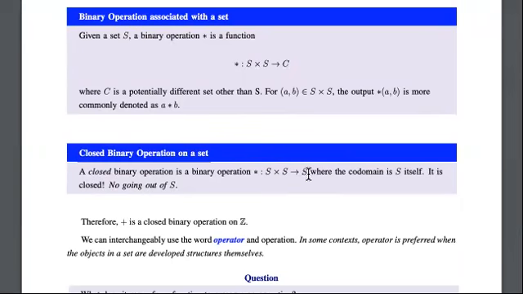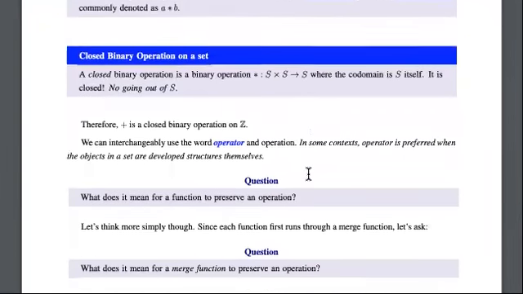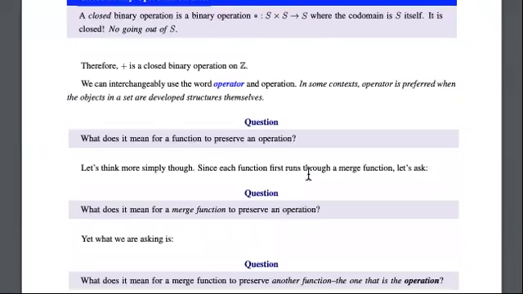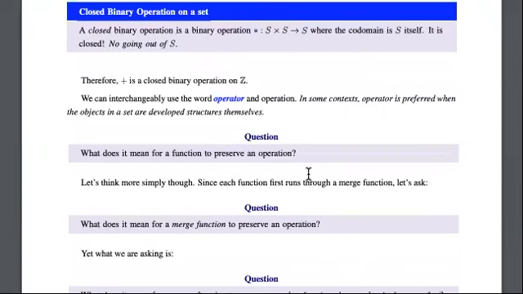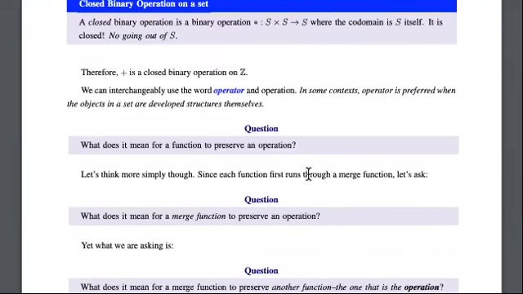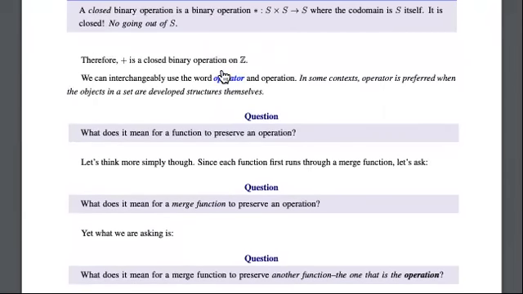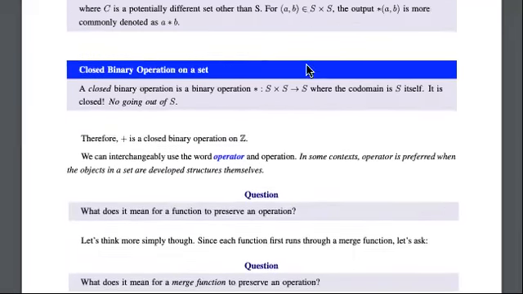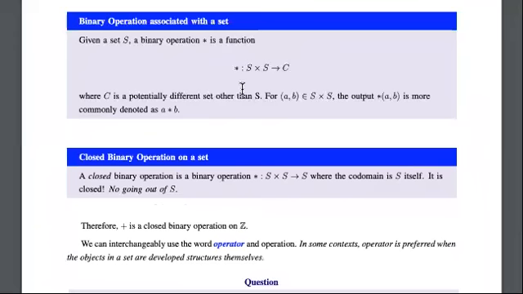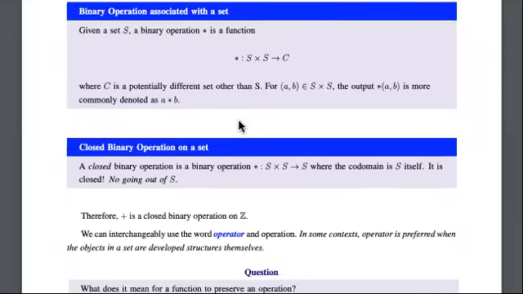You don't go out of S. If it's a closed binary operation, we can sometimes call that an operator. We can interchangeably use the idea of operator with operation, but in both cases, operator could apply.